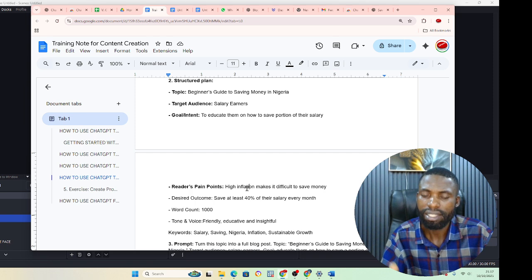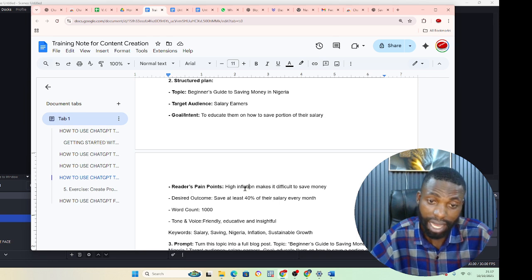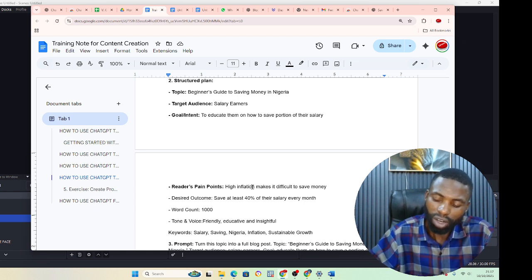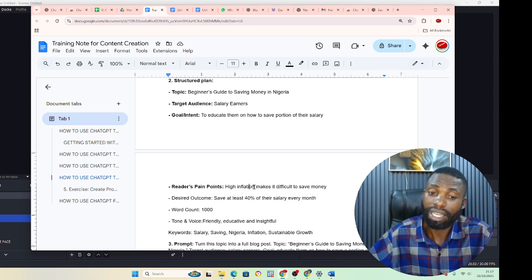If you can't guide ChatGPT by sitting down to do your mathematics, that is where creativity comes in. Then what you will be getting will not be able to represent you properly. It may even be misrepresenting you, because when you are communicating an idea and that idea does not align with your principles, with your philosophies, then you are just making noise.